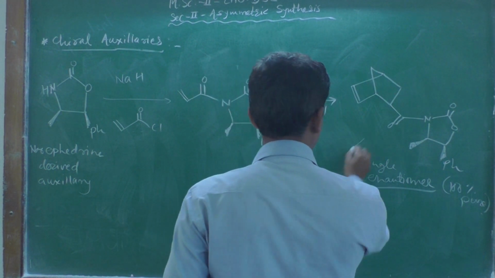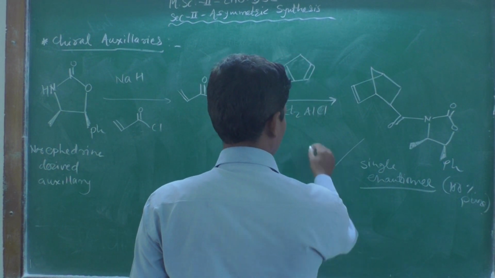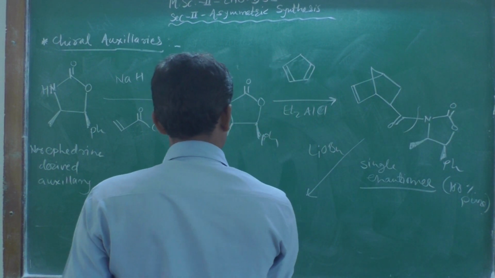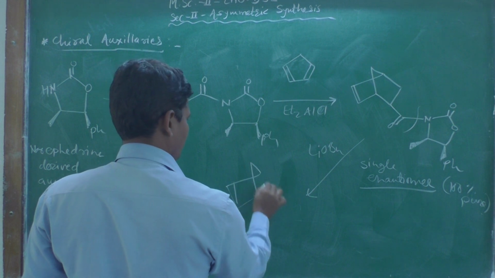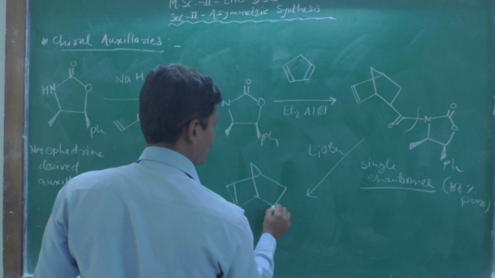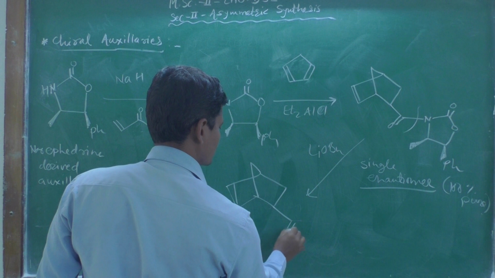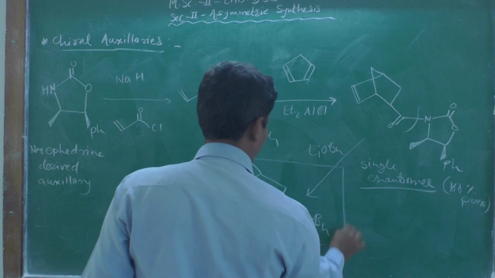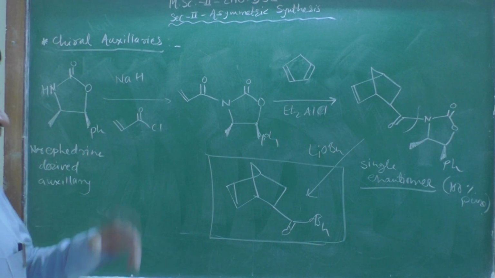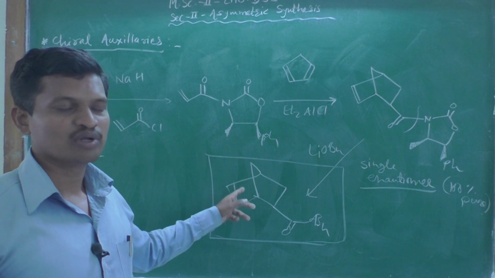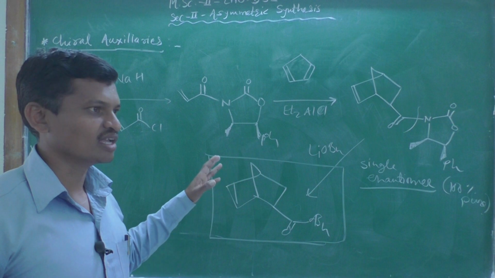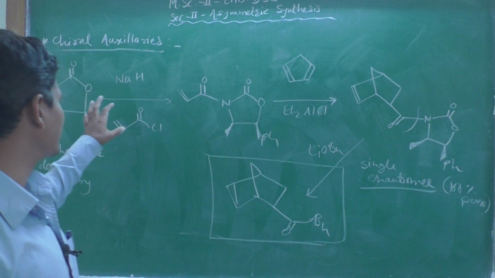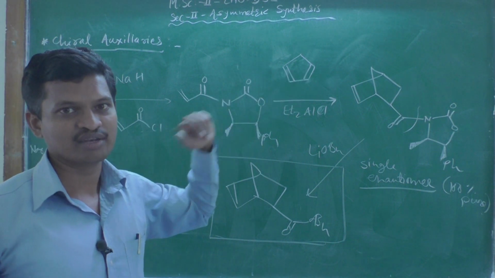The next step is the same, using LiOBn. This amide bond will be broken, and you get our desired molecule, COOBn. So predominantly we are getting the enantiomerically pure adduct in the Diels-Alder cycloaddition reaction between this dienophile and cyclopentadiene.